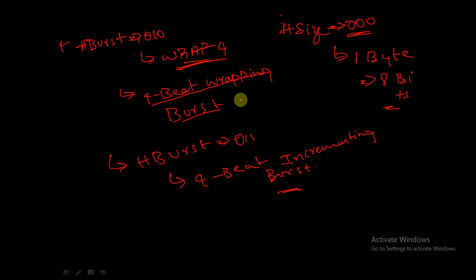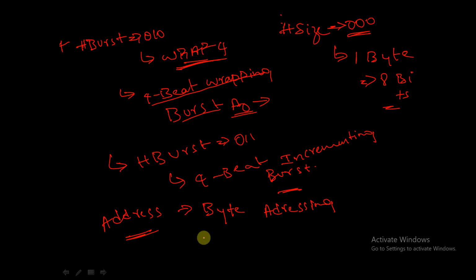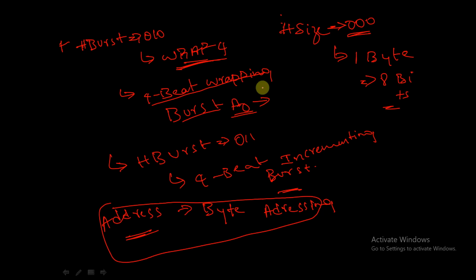Say the address starts with A0. Here in case of AHB, the address type is byte addressing. The address is byte addressable. So here the size is 1 byte.